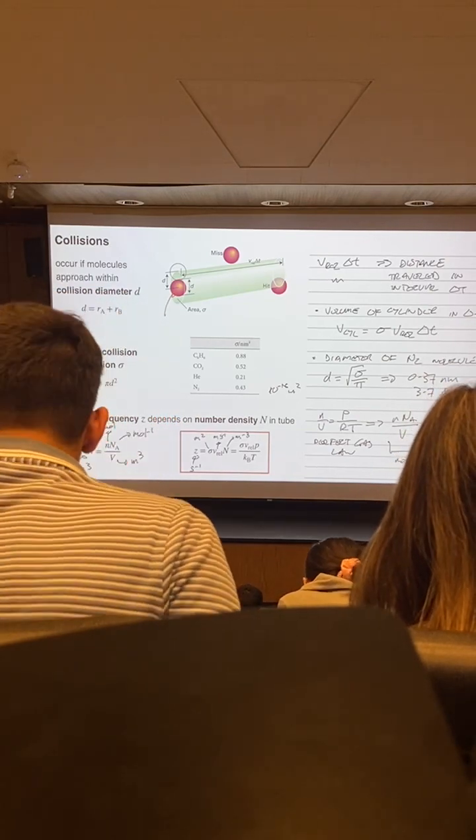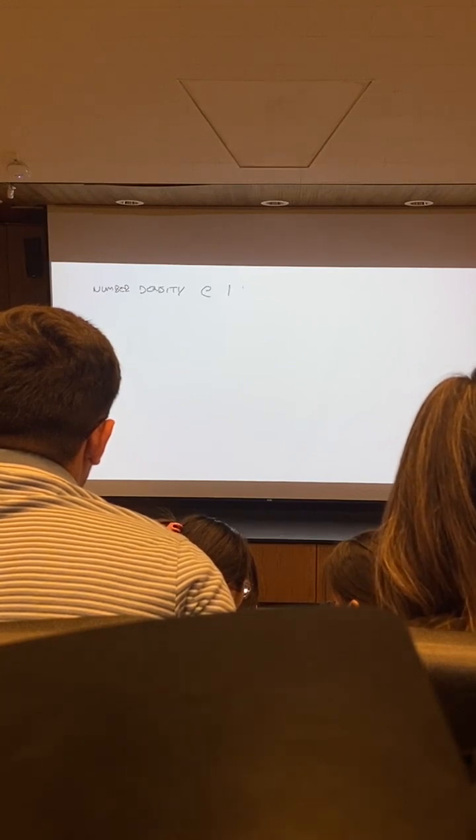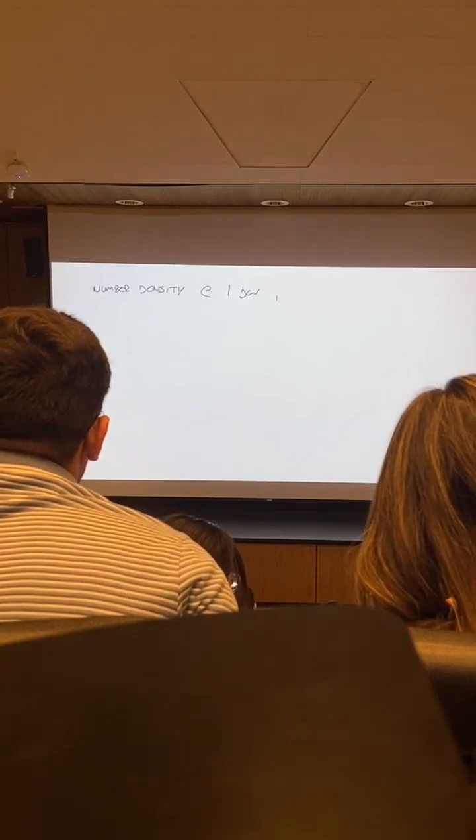Again, we're just going to use the ideal gas law to do this. So we'll calculate the number density at a pressure of 1 bar and a temperature of 298 Kelvin.